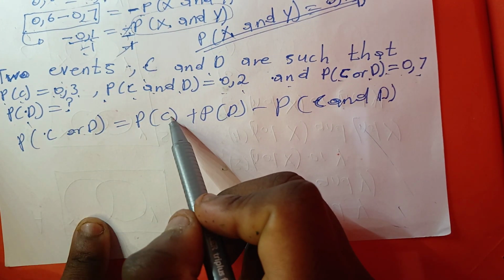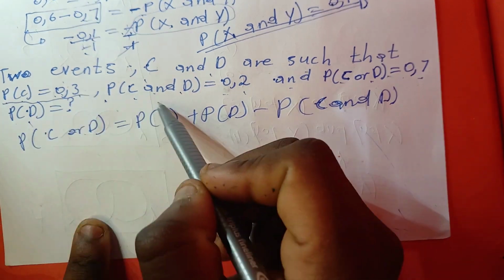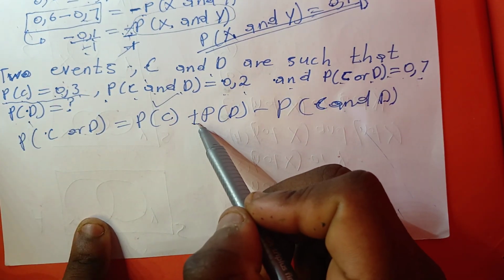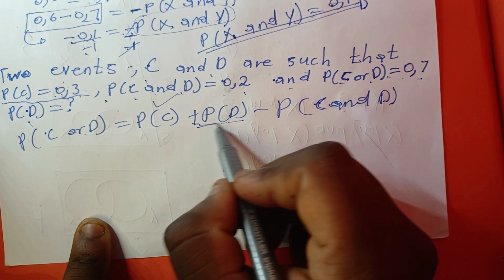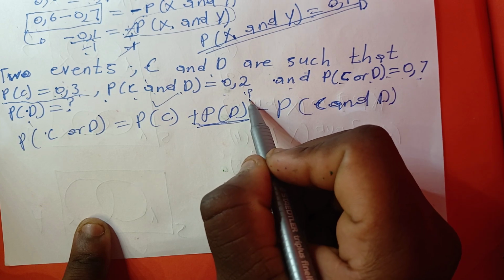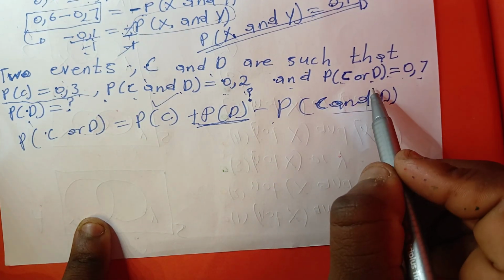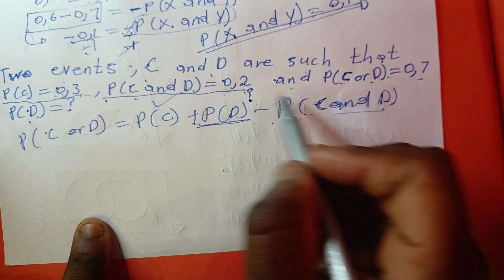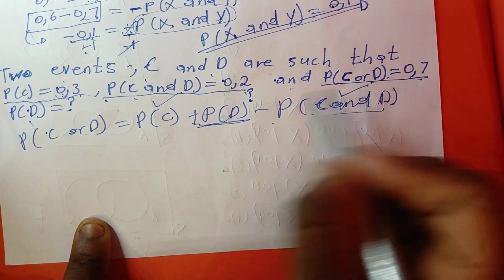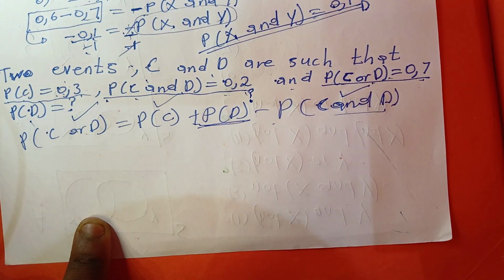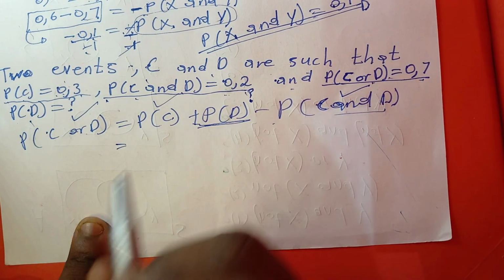So now let's take what we have here. We are given this thing, and this one is the one that we want to solve. Do you see this one? We want to solve it, and this one they gave us, it's here, and also this one they gave us. So let's substitute first.